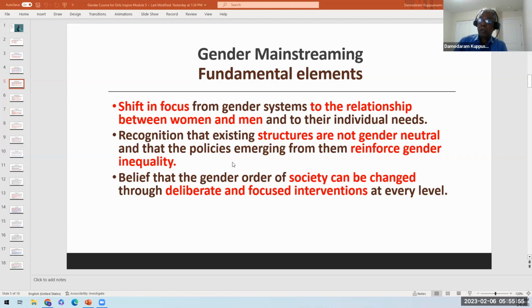The third one is that it believes that if you work with focused attention, then gender, which we know is a social construct, can be changed. As somebody rightly said on WhatsApp, what is social you can always deconstruct. The belief is that you can change, but it requires a perseverant effort over a period of time so that the gender construct can be deconstructed.